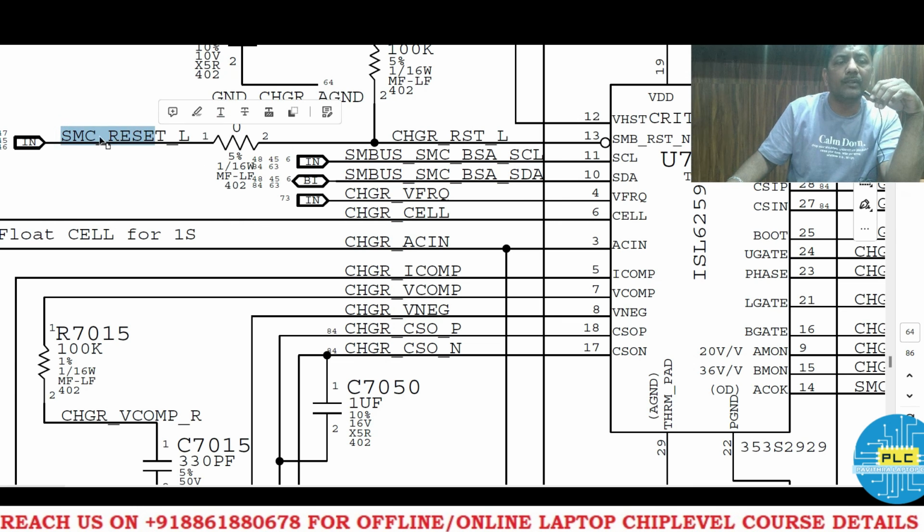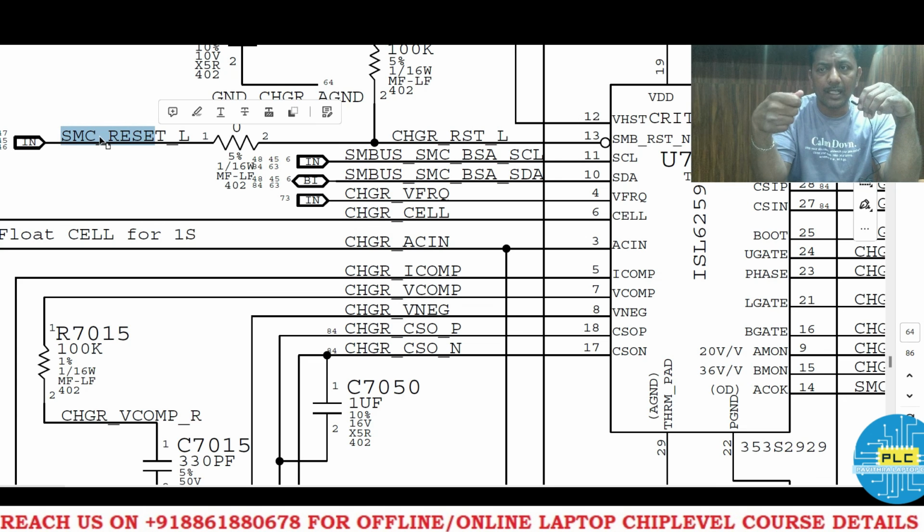Here usually you will get lower than 2 volts. If you get lower than 2 volts, then only the adapter connector green or orange color light will blink. If it is more than 2 volts, definitely you won't get it. So some charging related issues will be there.